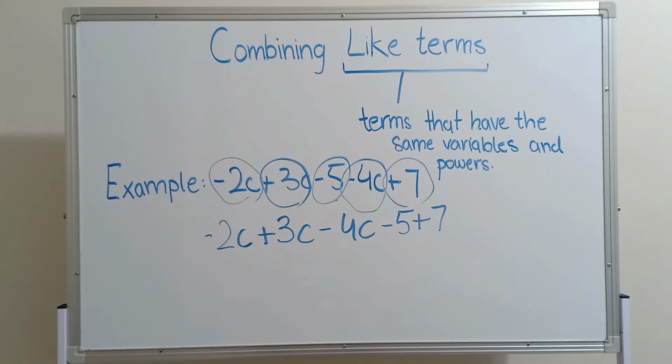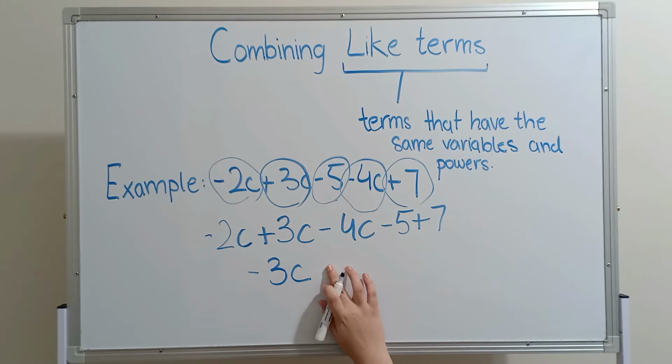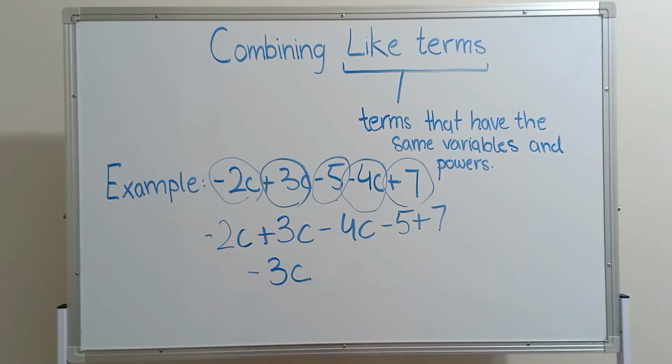Positive 1 subtract 4 is going to give us negative 3c. Now negative 5 plus 7 is going to give us positive 2. So we have to bring the sign with that. Our final expression is going to be negative 3c plus 2.